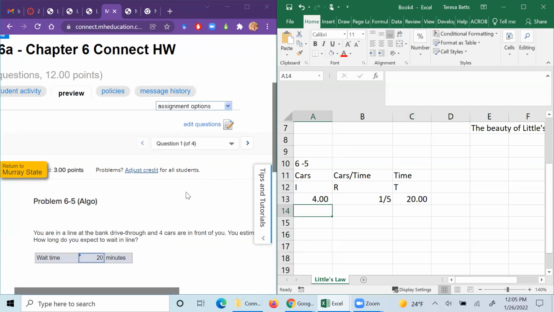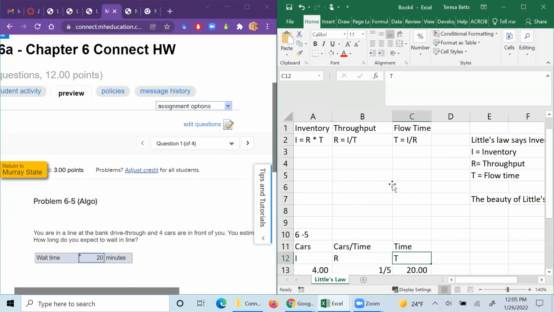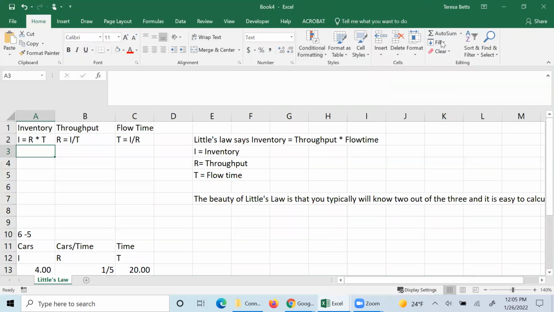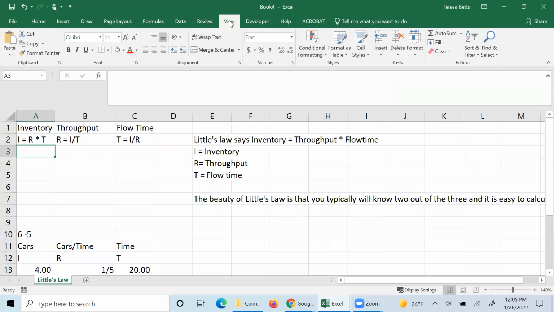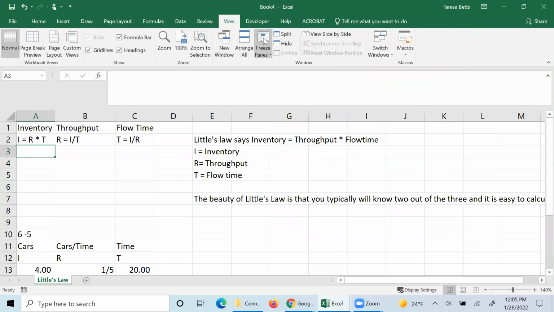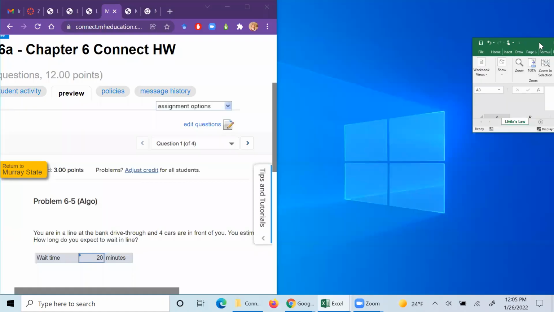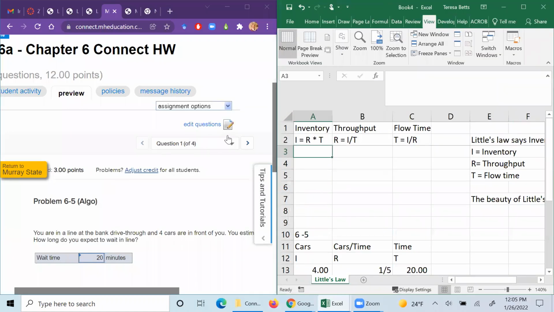Now, you could have come up with just a quick calculation in your head, but I want you to start using this formula, because as things get more complicated, being able to identify what's inventory, what's throughput, and what's flow time is going to be helpful in solving the more challenging problems. Okay, so let's go ahead and look at the next problem.